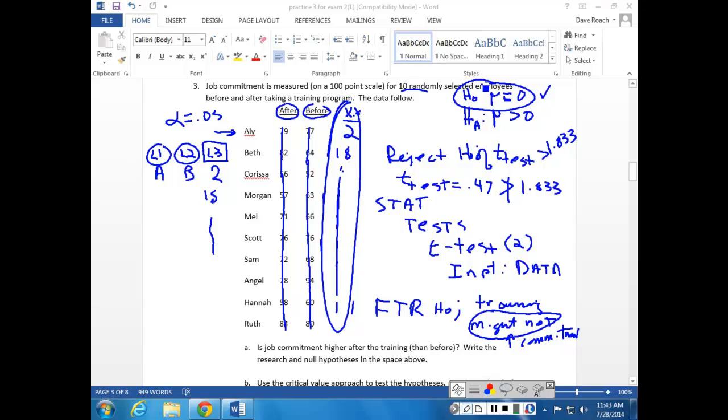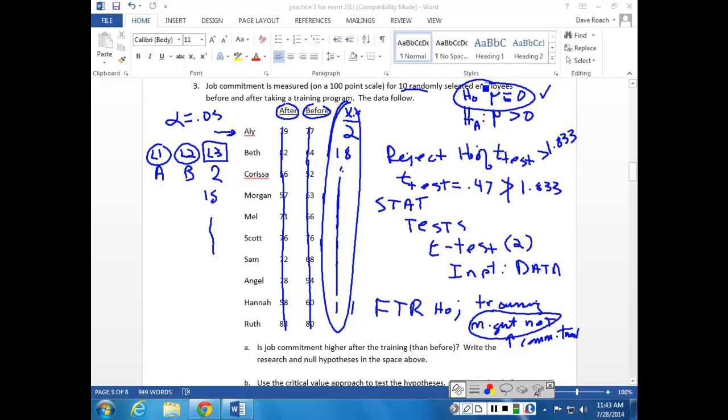Probably, in terms of points, the most frequently, the big point loss on this test in the past has been in distinguishing between a matched pairs t-test and a two-sample t-test.